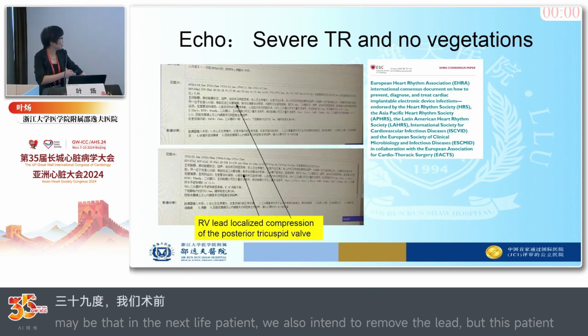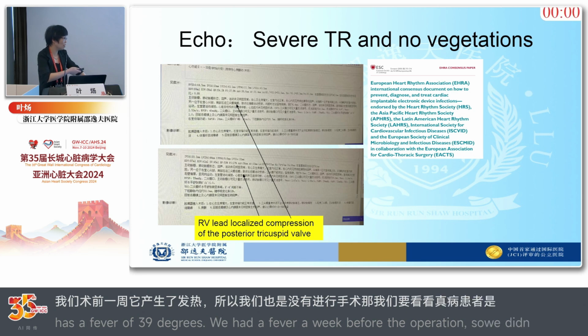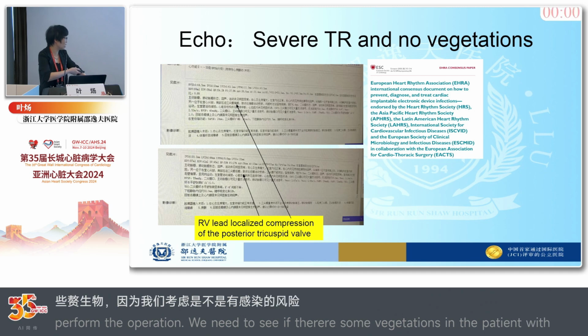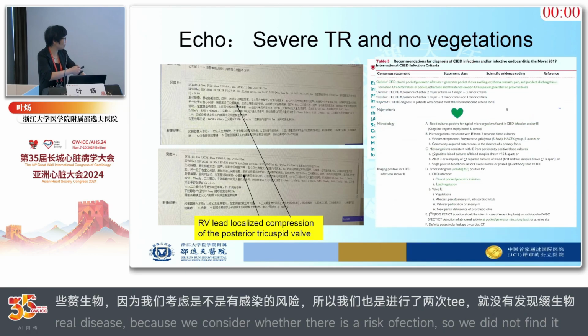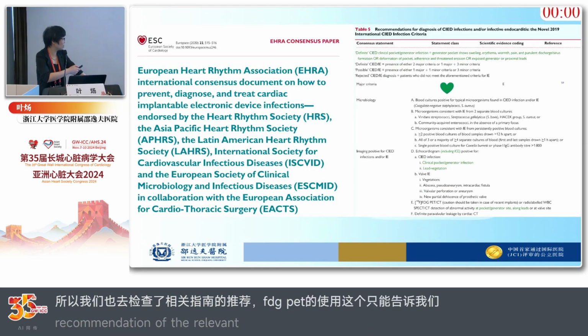But honestly, we wanted to check if the patient had vegetation, because we wondered if the patient had an infection. So we did the TEE two times, but no vegetation. But he can't resist TEE, so we didn't do this one, and we checked the guideline. We found the other option, FDG PET, because the guideline says we have to use another imaging method to check if the patient has an infection.